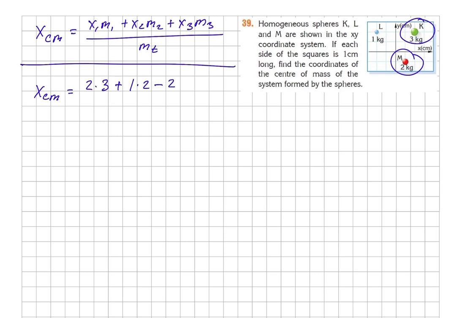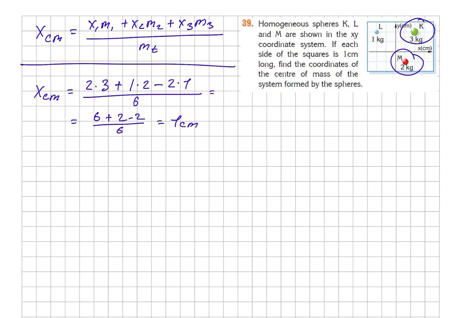Subtract 2 times 1 kilogram, over the sum of the masses, 6 kilograms. So it is 6 plus 2 minus 2 over 6, which is equal to 1 centimeter.